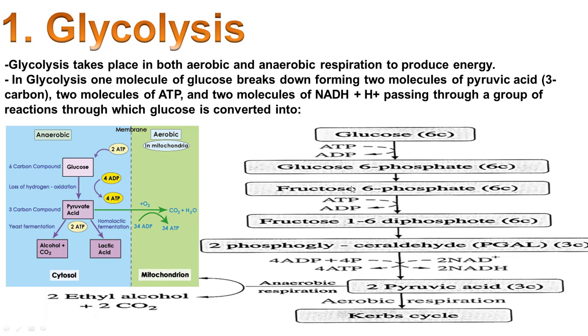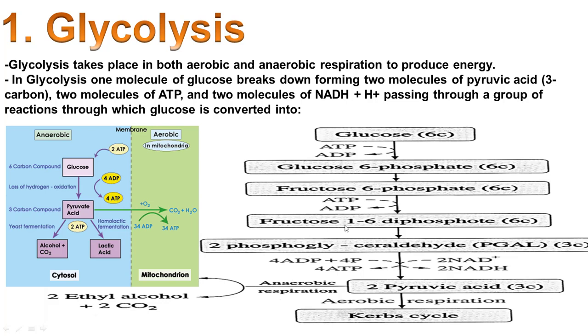After that, glucose changes into fructose without a change in the number of phosphates, so here we don't need any molecule of ATP. Then fructose 6 phosphate changes to fructose 1,6 bisphosphate. Here we have two positions for phosphate, so we need another phosphate group from ATP to ADP.